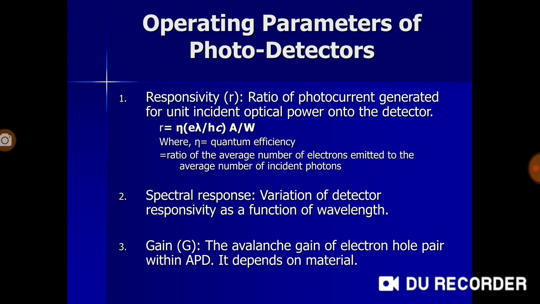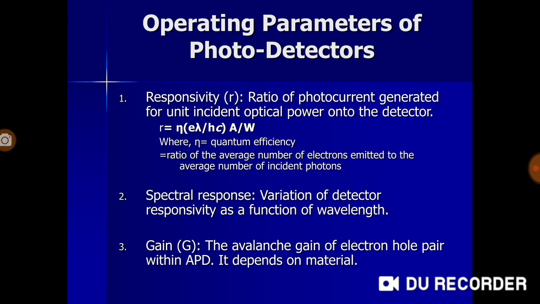Here, eta is the quantum efficiency. Quantum efficiency is the ratio of the average number of electrons emitted to the average number of incident photons. So it is an output to input ratio. But since it is quantum, we are not talking about current to optical energy, but about quantum values.